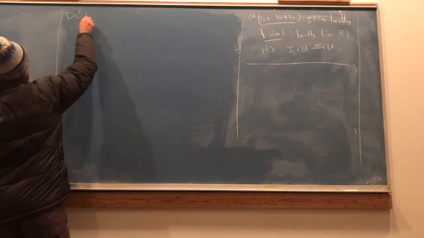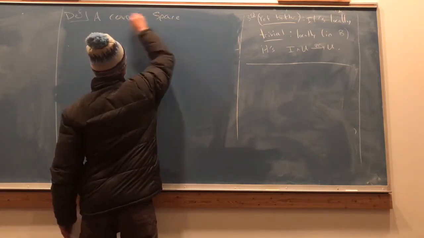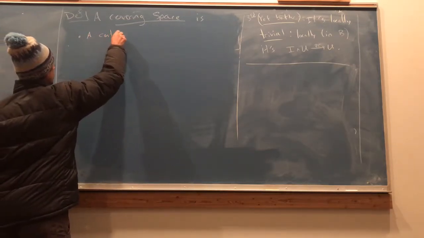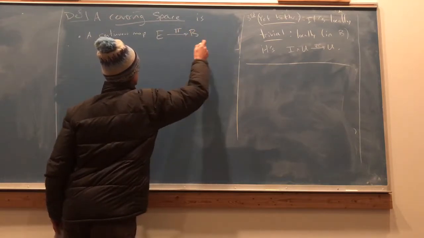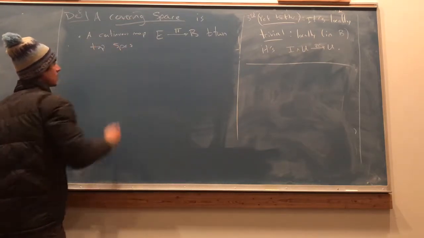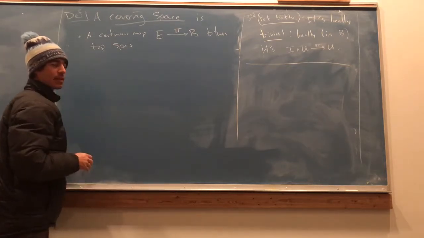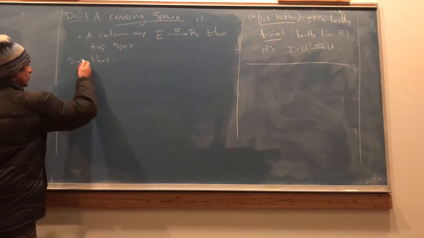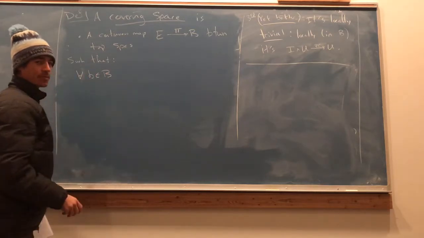Definition: a covering space is, here's the data, a continuous map between topological spaces, and of course not any old continuous map, but one that satisfies an articulation of this local triviality, such that for all points in the codomain, the following stuff exists.